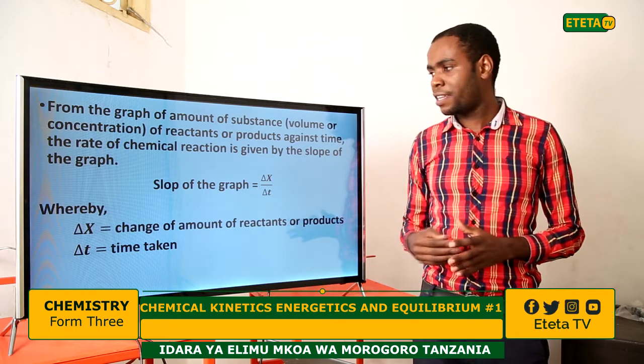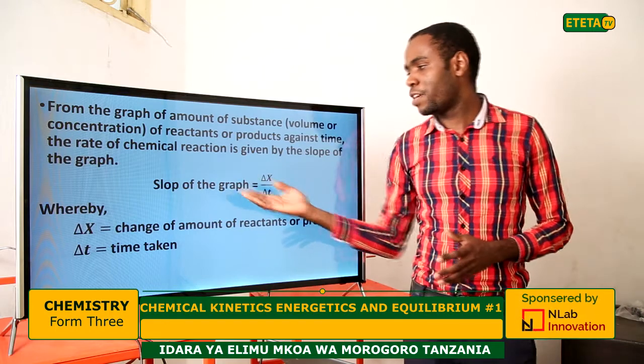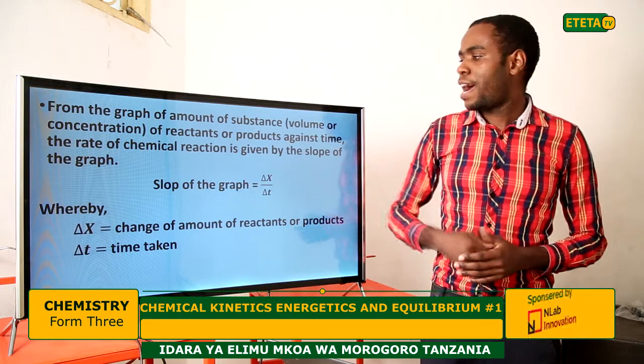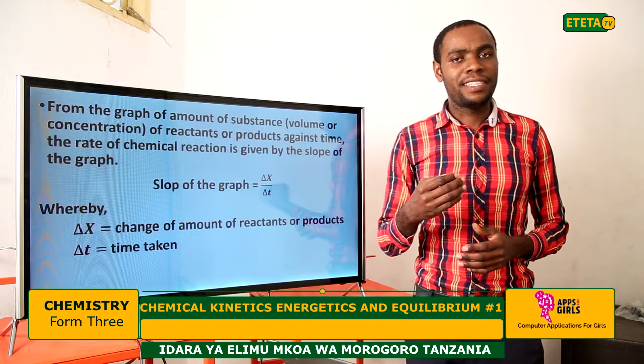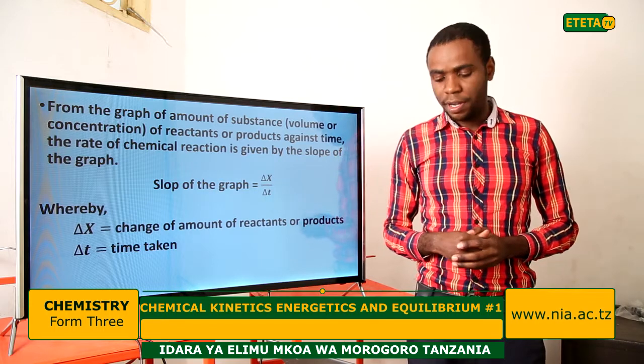By dividing the change in amount of reactant or product by the change in time taken, you obtain the slope of the graph. And that slope is the rate of chemical reaction.